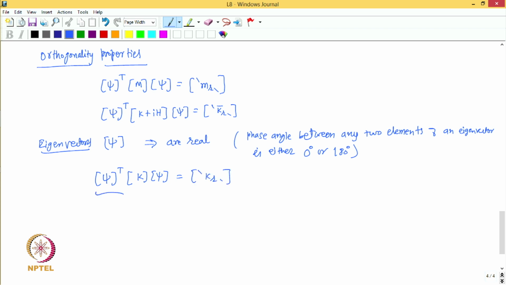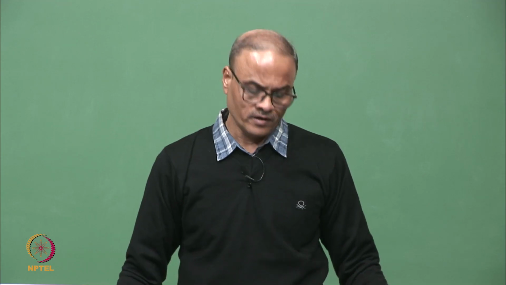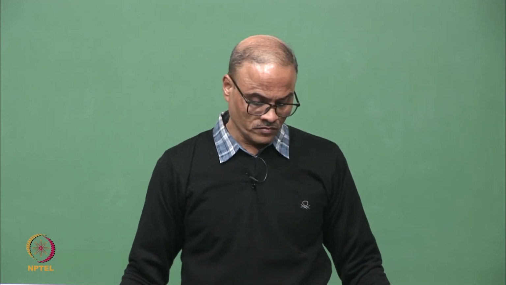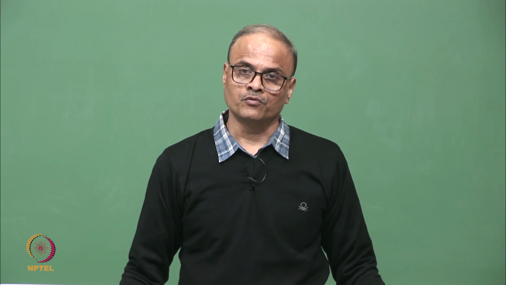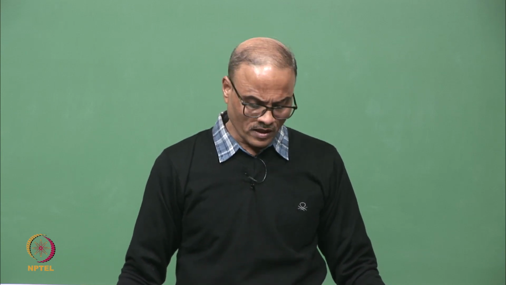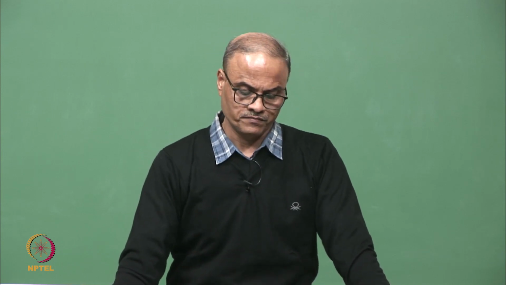So, we see that this is diagonal, based on the eigenvectors found from the complex eigenvalue problem, based on the complex stiffness matrix and mass matrix. The eigenvectors obtained from there are found to be real, and they are also found to diagonalize the stiffness matrix of the system.